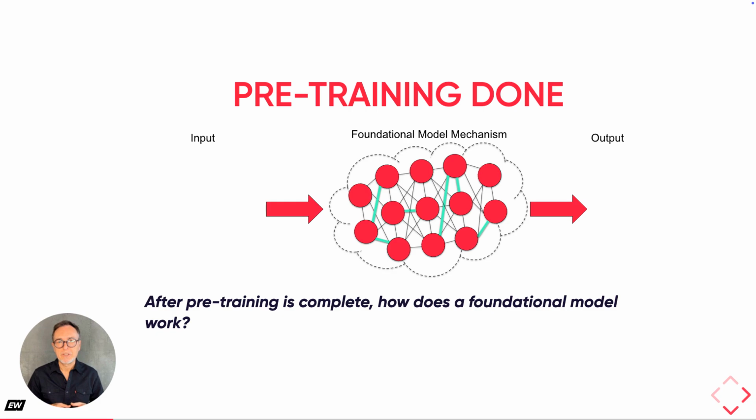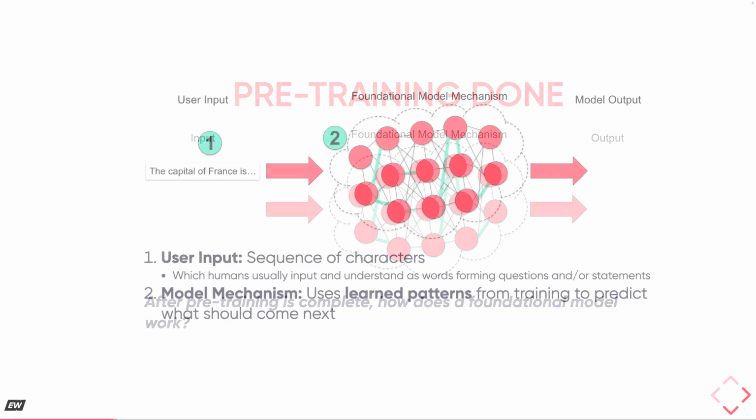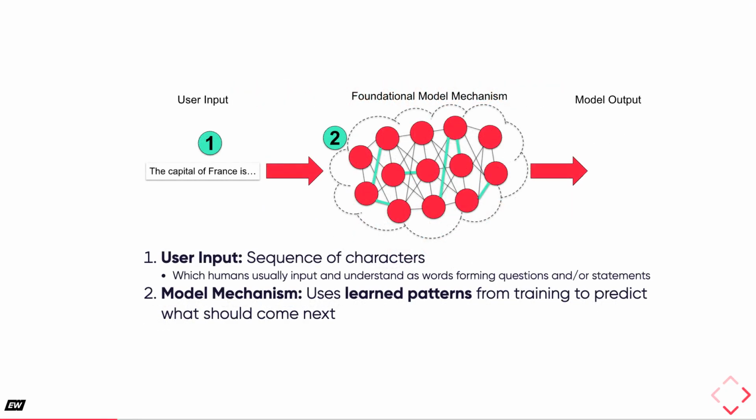So, after this intensive pre-training phase is complete, how does the resulting foundational model actually work when we interact with it? This diagram provides a simplified overview of that operational flow, showing an input, the foundational model mechanism, and an output. The process begins with user input, which is essentially a sequence of characters.